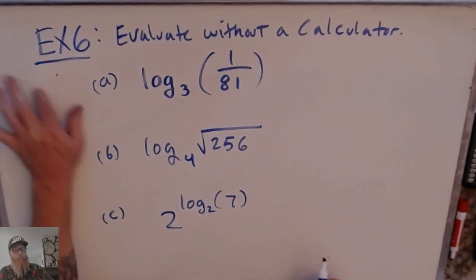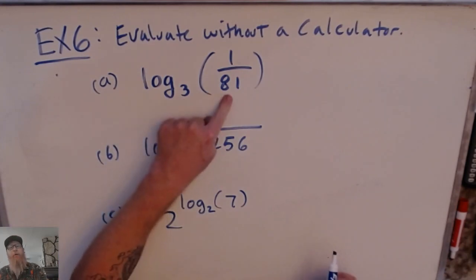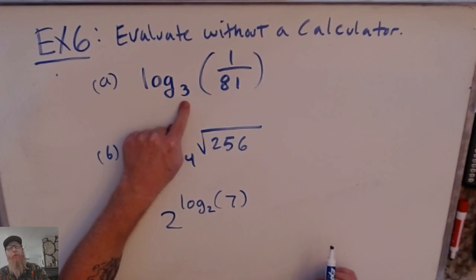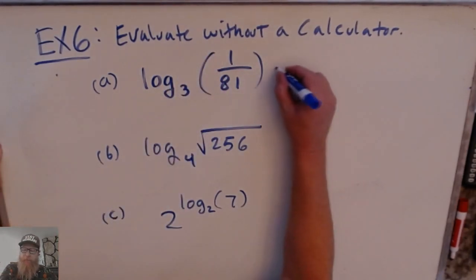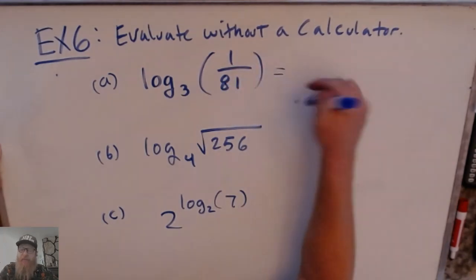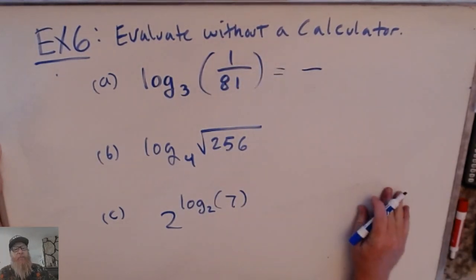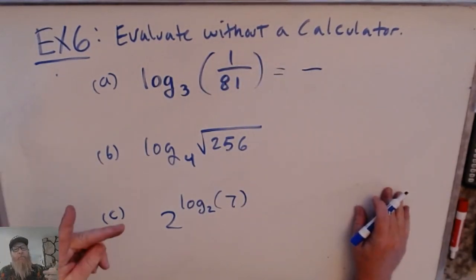So we have log base 3 of 1 over 81. What power of 3 would be 1 over 81? Again, if the argument is a fraction, you know it's going to be negative. It's a reciprocal.